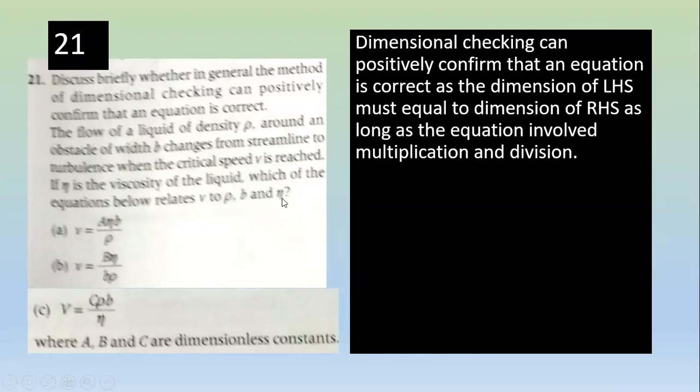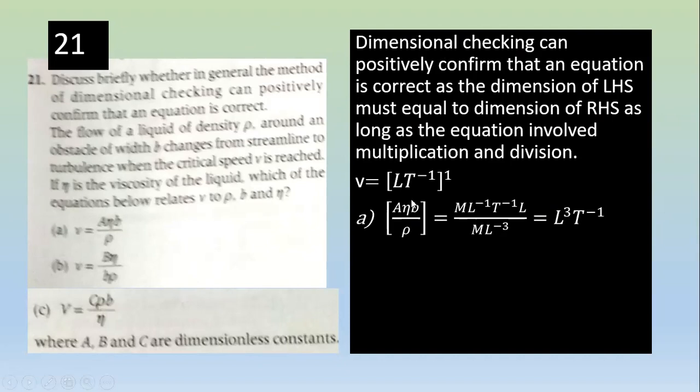So this one no choice. You are told A, B, C are dimensionless constants, so you have to work through each of them. That's why you say the dimension of the left hand side equals the dimension of the right hand side. That's what you are doing. The dimension of speed is just that.